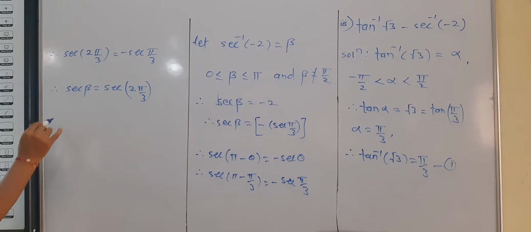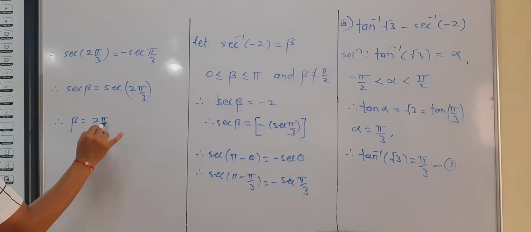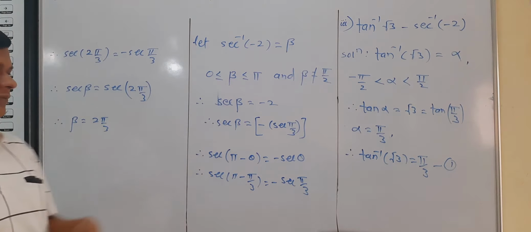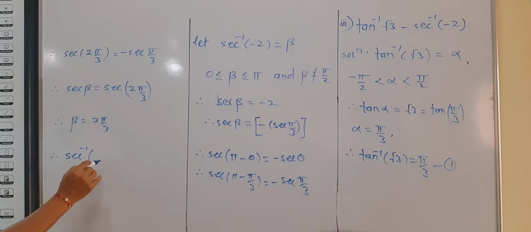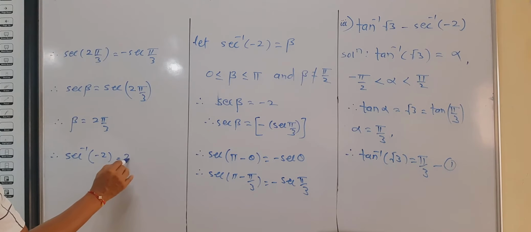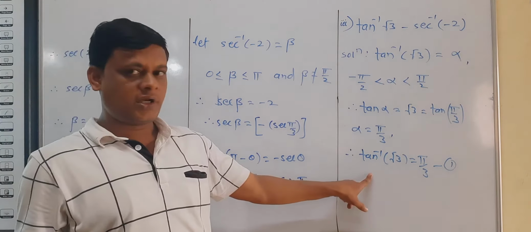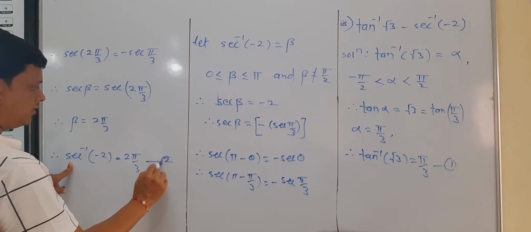So after comparing, we get the value of beta. Therefore beta is equal to 2 pi by 3, and 2 pi by 3 belongs to this interval. Therefore sec inverse of minus 2 is equal to 2 pi by 3. Now we have to substitute the value of tan inverse root 3 and the value of sec inverse minus 2.